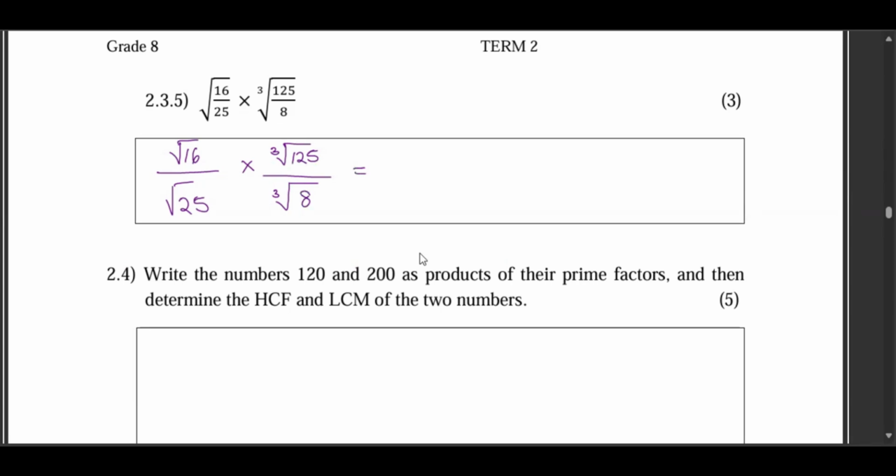Let's simplify that. The square root of 16, it's 4, over the square root of 25, it's 5, times the cube root of 125, it's 5, over the cube root of 8, it's 2. So now they have become normal. So which becomes 4 times 5, you get the answer as 20 over 10. So the answer here became what? 2.